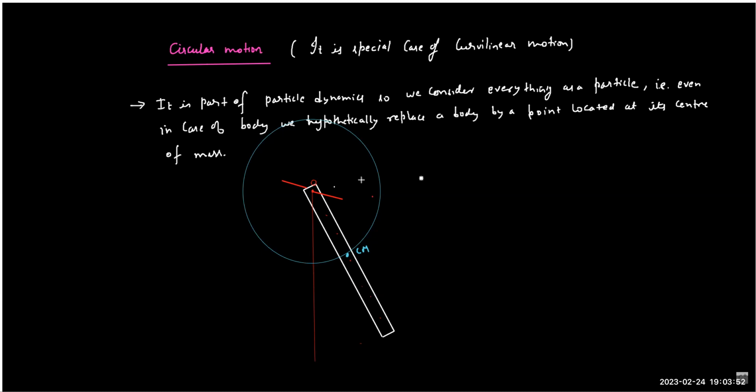And this idea is very, very crucial when you actually study the rotational dynamics chapter. The same idea we are going to replicate, but as of now, you should remember that we are learning particle dynamics, so the shape and size of the body will not matter. We have to treat it as a particle. If you can treat it as a particle, well and good. And if not, then you should replace it this way.